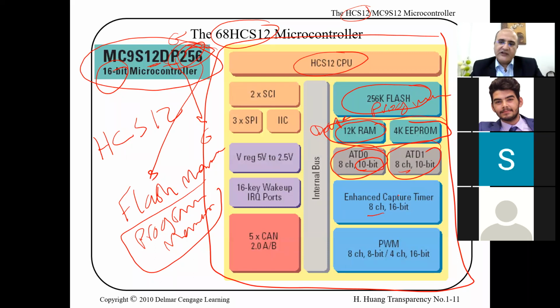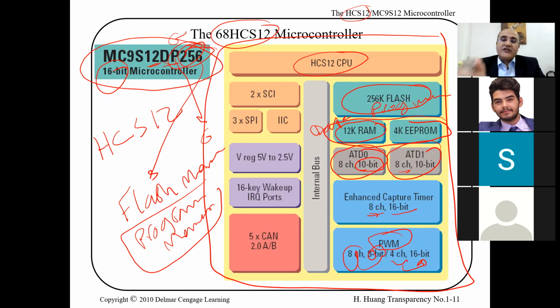I'm going to talk about that later again. 8 channels that are 16-bit each. It has a PWM unit peripheral that could be configured as 8 channels, 8-bit each, or 4 channels, 16-bit each. This is a very important feature.